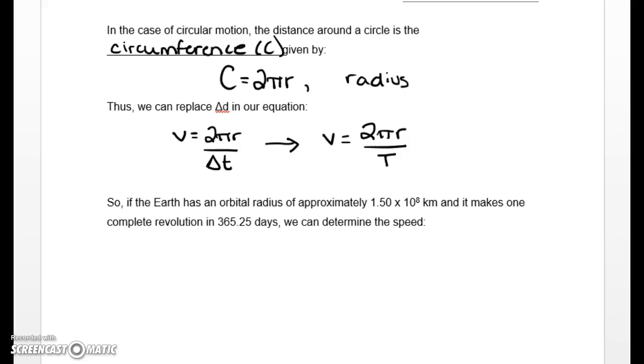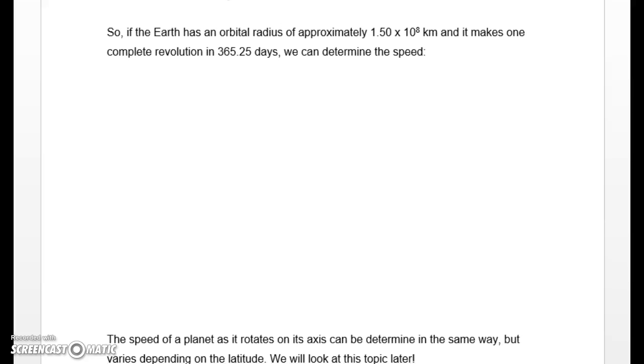So let's go back to that Earth example where we talked about it traveling approximately 107,000 kilometers per hour. If the Earth has an orbital radius of approximately 1.50 times 10 to the 8 kilometers, and it makes one complete revolution in 365.25 days, we can determine the speed. In this example that we'll quickly complete, we are first going to work with meters per second, and then I'll also show you, as a recap, how to convert to kilometers per hour.